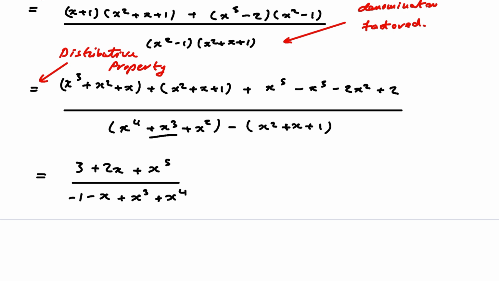So this is me gathering like terms. So the final answer basically is, well, we could choose P to be equal to the top here and Q to be equal to the bottom.